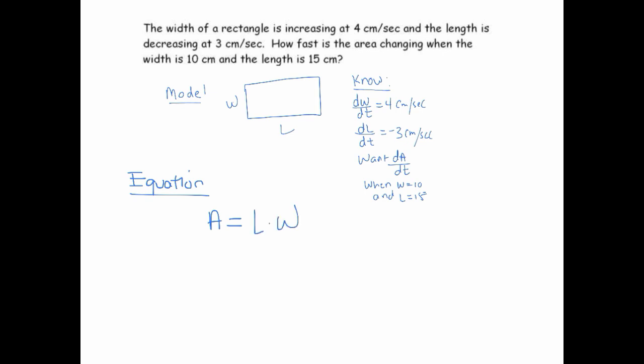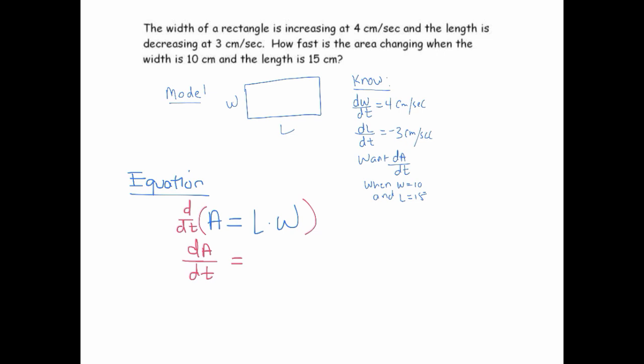Now I need to take the derivative with respect to time. So the derivative of the area is dA/dt, and that's going to equal the derivative of L times W. Since L and W are both variables, more specifically functions of time, they're 2 functions being multiplied.